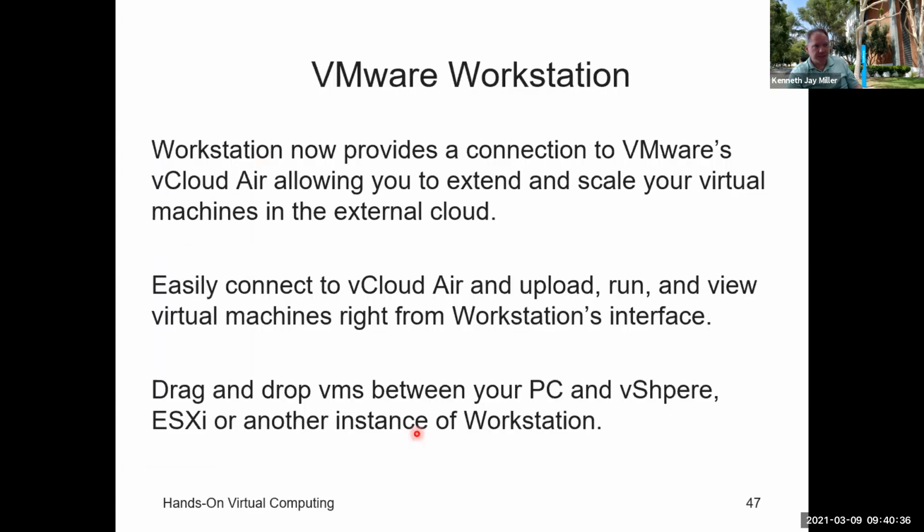VMware Workstation integrates directly to the cloud, where you can upload, run, and view virtual machines right from the Workstation's interface. You can drag and drop VMs between your PC and ESXi or another instance of Workstation.